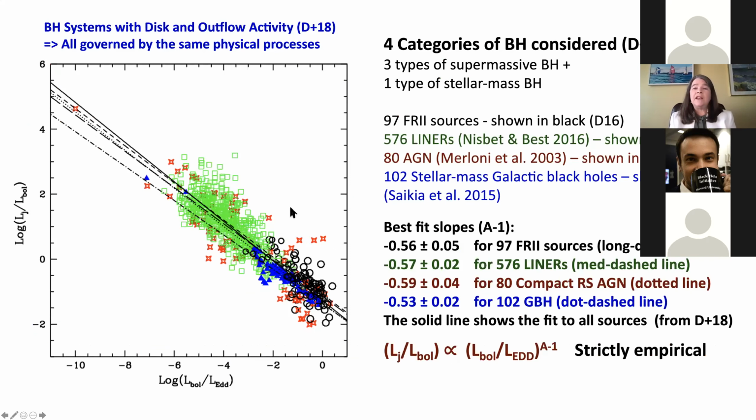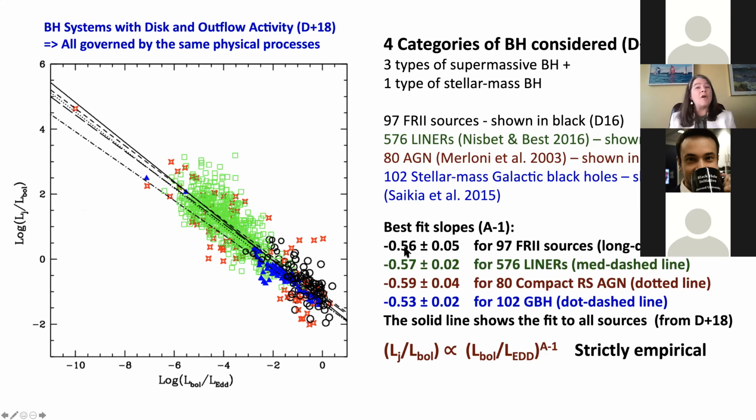All right, so these are the results obtained with those methods. So this is the ratio of the beam power to the bolometric luminosity. We see it spans 4 orders of magnitude for these 4 samples versus the luminosity of the disk in Eddington units, which spans 6 orders of magnitude.